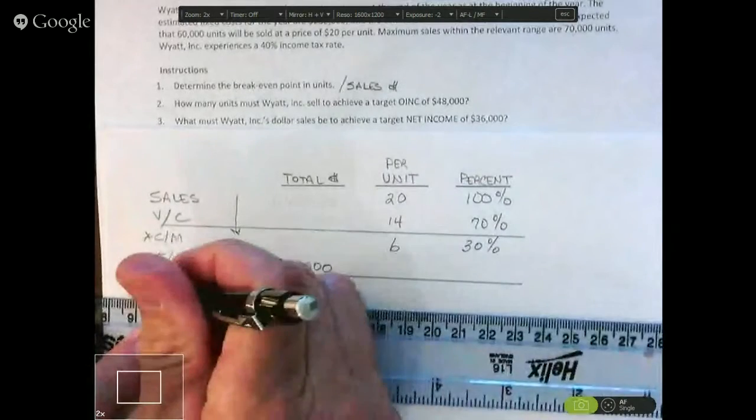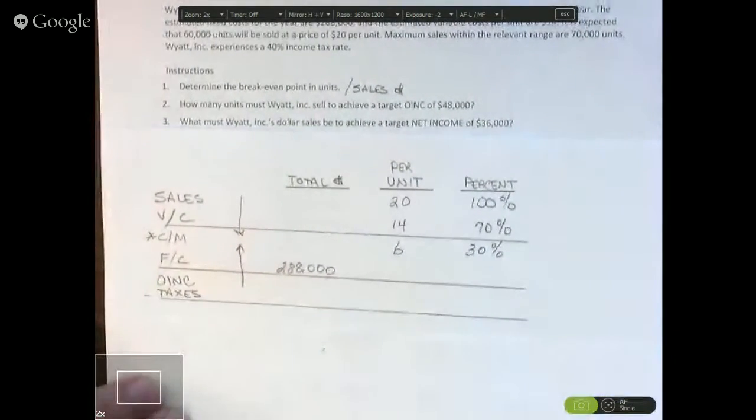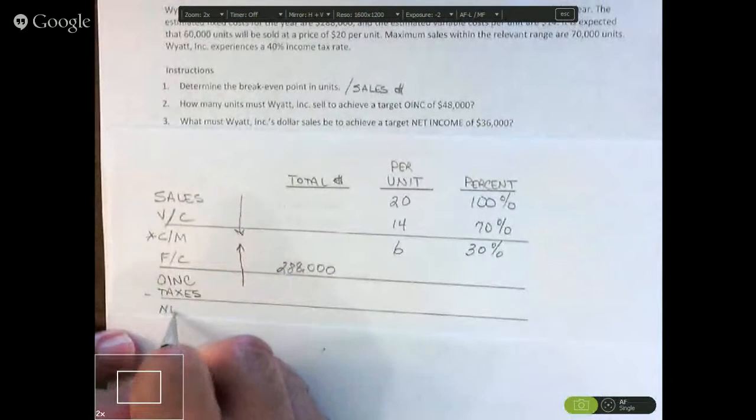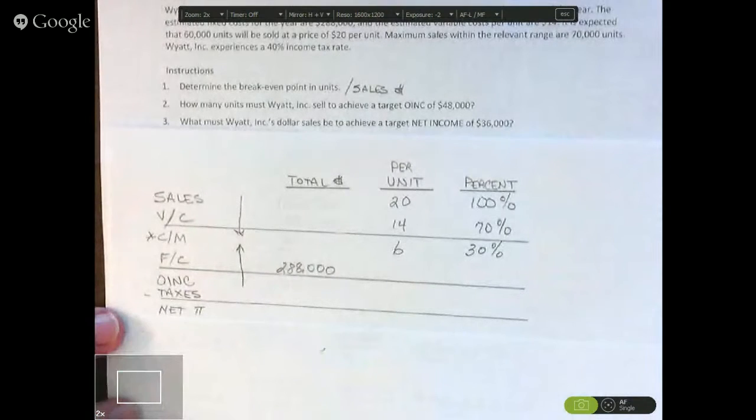And after we subtract income taxes from the profit before tax, that should give us the net income. And I will illustrate income with the Greek symbol pi to indicate that, well, we all want a bigger piece of the income pie.